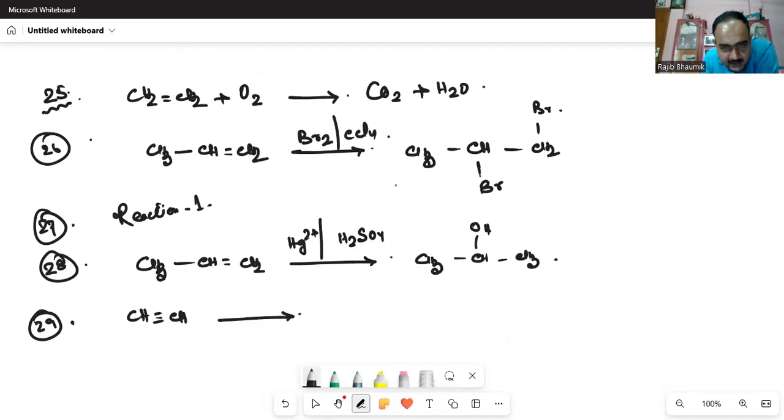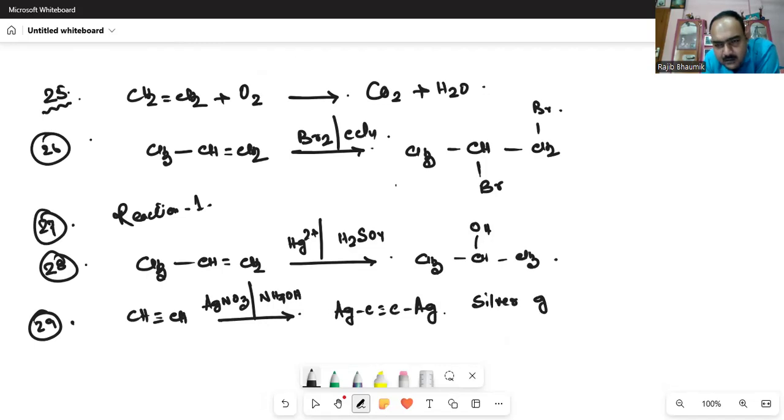Tollens reagent. Tollens reagent is AgNO3 / NH4OH. This will produce AgC≡CAg, silver gray precipitate, silver gray PPT.